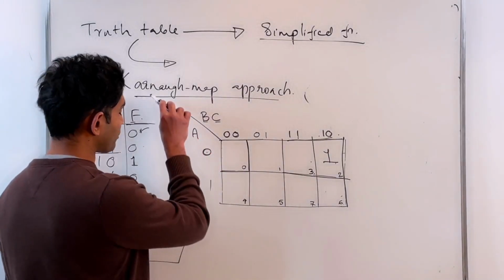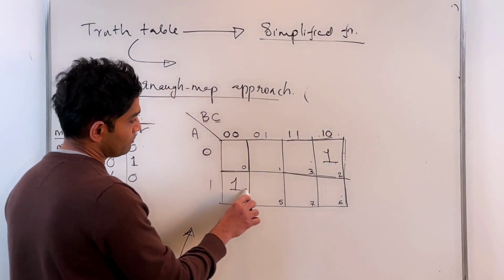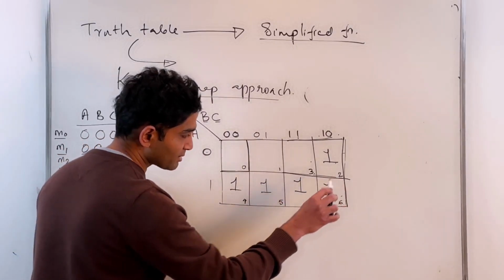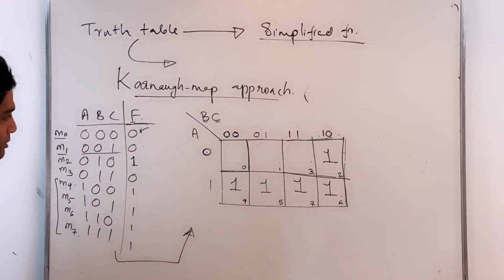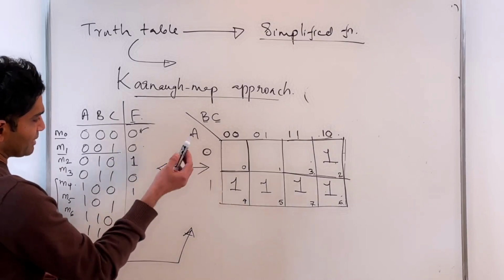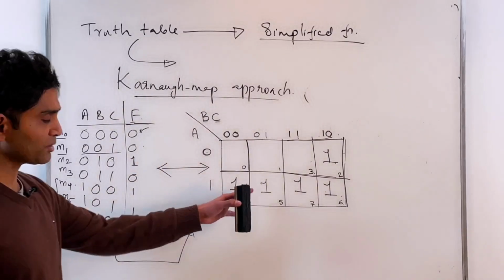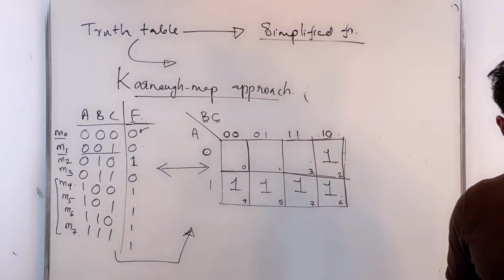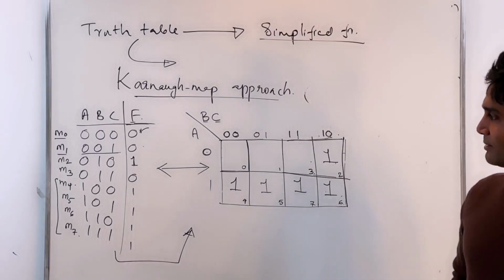So the K-map corresponding to this function would be decided by the position of these ones within the cells. This K-map that I drew here and this table are basically equivalent to each other. This is much more compact than the table. So that's the next step.